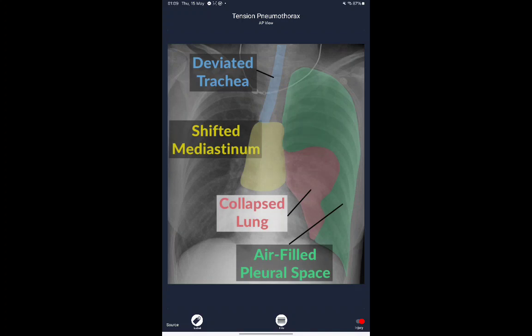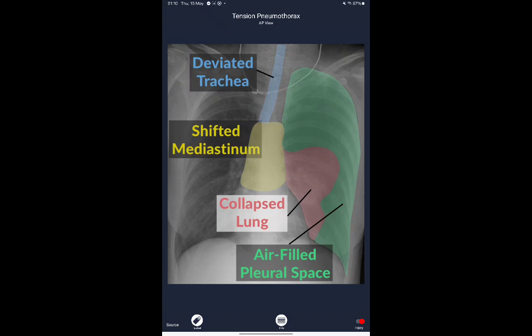Here we have the labels: the green is air, which is the air-filled pleural space. Here is a collapsed lung with its margins, the visceral pleural line, and the mediastinal structure is shifted toward the right side because of the increased pressure within the left side.